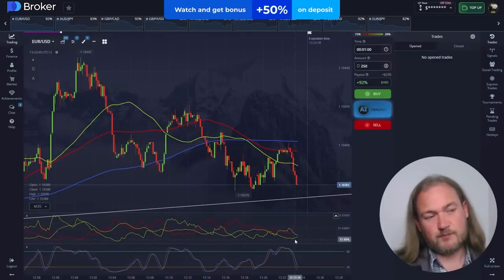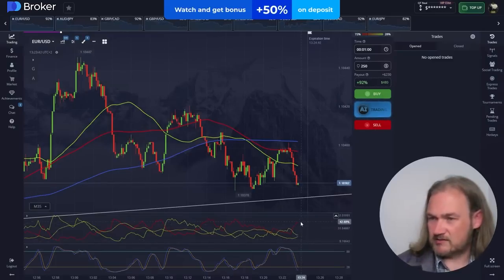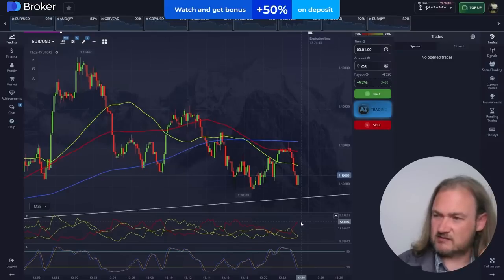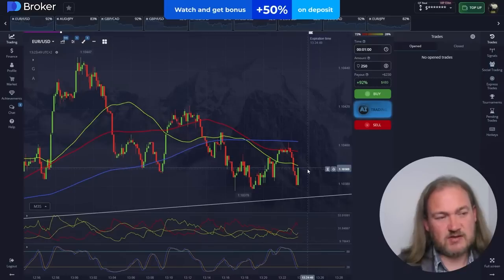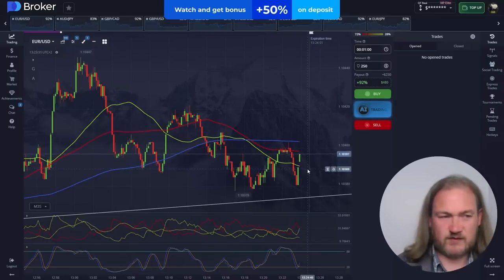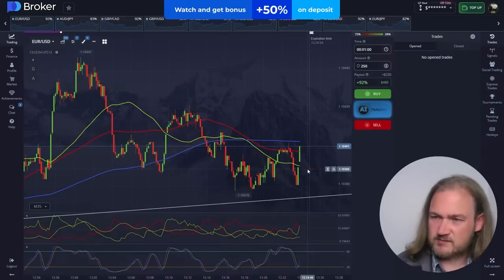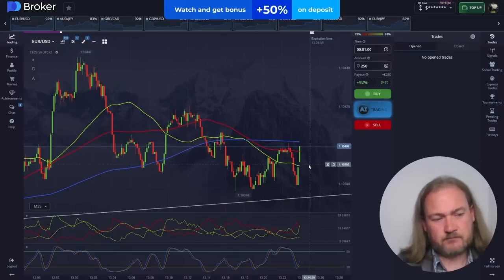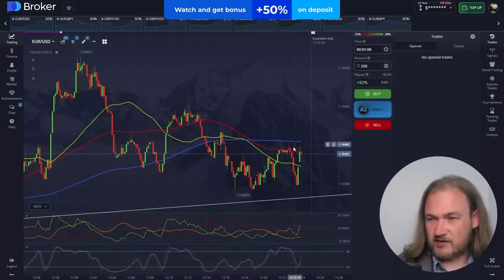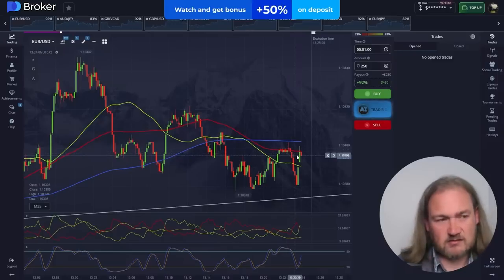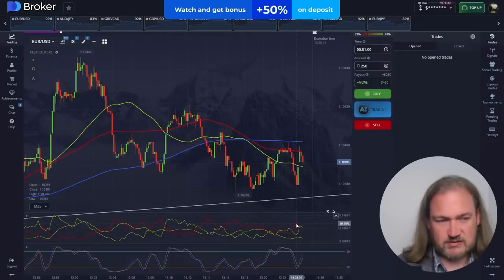Another thing also is that since we know that support and resistance either fail or hold, I wouldn't take a buy here because this just failed. It failed very recently, and even though I've got an ADX spike, I would be very, very cautious to trade it.